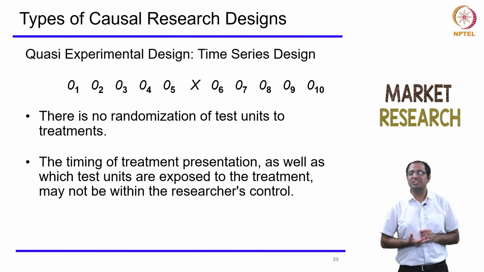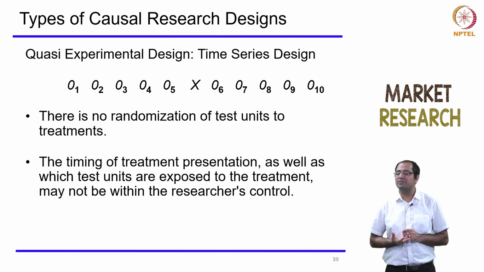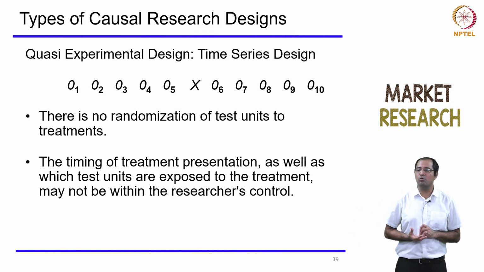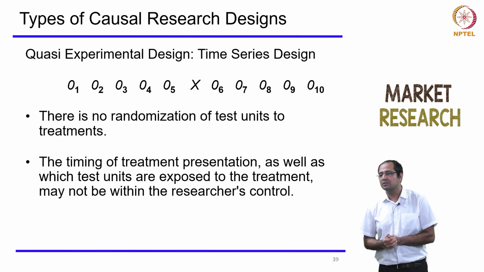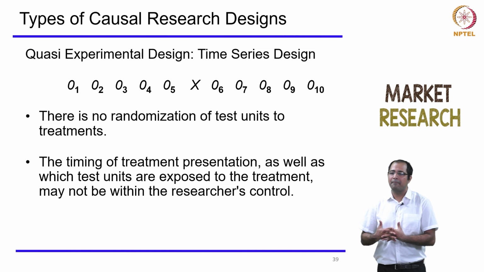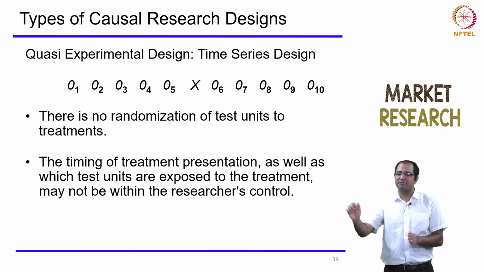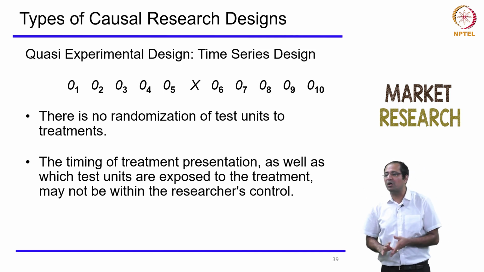We say quasi-experiment, which means they are not true experimental designs because of certain limitations in not being able to do it in a true experimental way, but they are more generally field-based experiments. In field-based experiments it's very difficult to control all the extraneous variables, so when we conduct experiments in a field setting, we end up doing quasi-experiments.